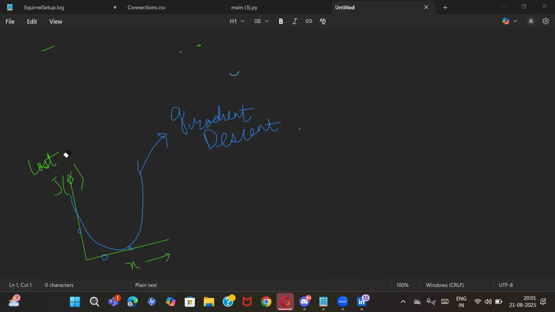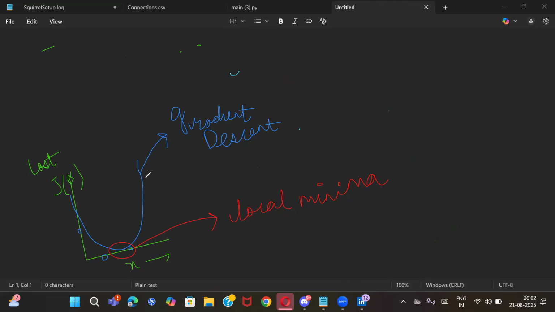So this is my gradient descent, and in gradient descent, what are we actually finding? We are actually finding this. This is my local minima. Why?